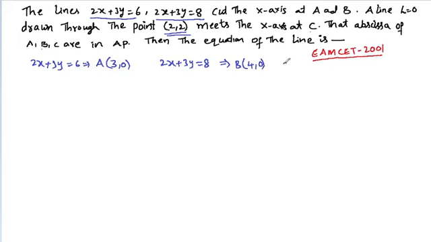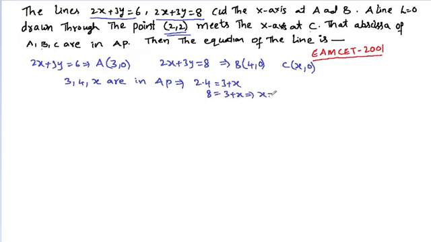Take C as x comma 0. These abscissas 3, 4, x are in arithmetic progression. That means 2b is equal to a plus c, that is 2 into 4 is equal to 3 plus x. So 8 is equal to 3 plus x, so x is equal to 5, and C is 5 comma 0.